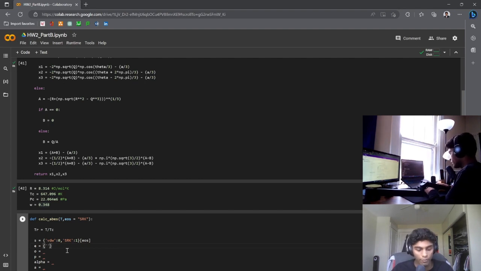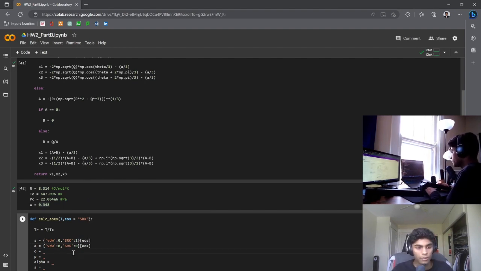So we're going to have our van der Waals, and for our epsilon, van der Waals is 0. For SRK, the epsilon is also 0. EOS.